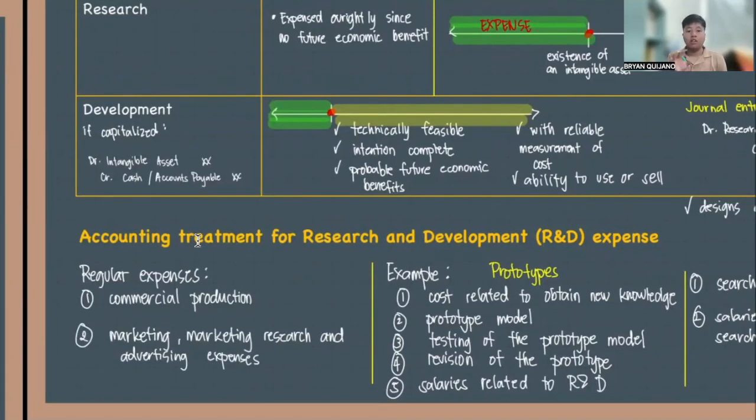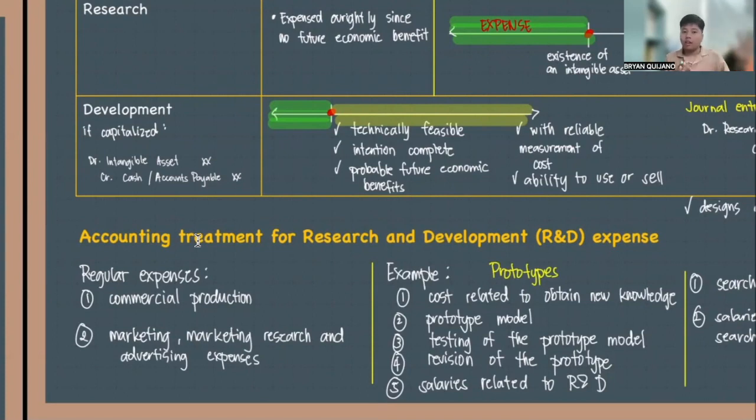Expenses incurred on non-R&D activities such as commercial production, routinary changes in existing products, those will not be part of the R&D expenses, but rather we have the regular expenses.